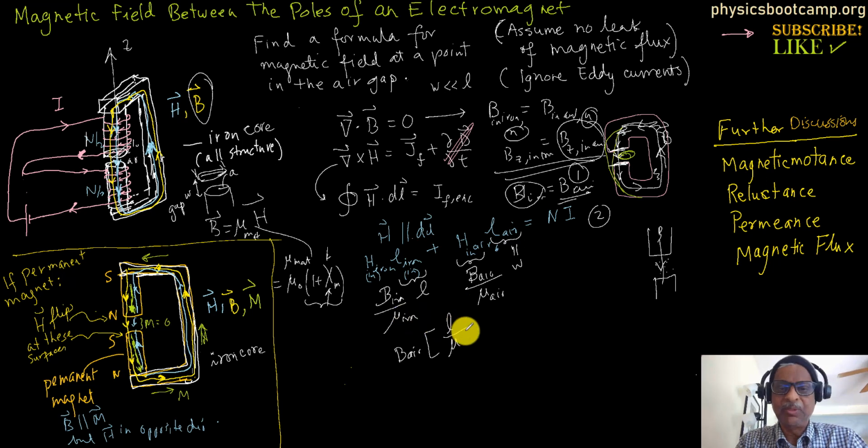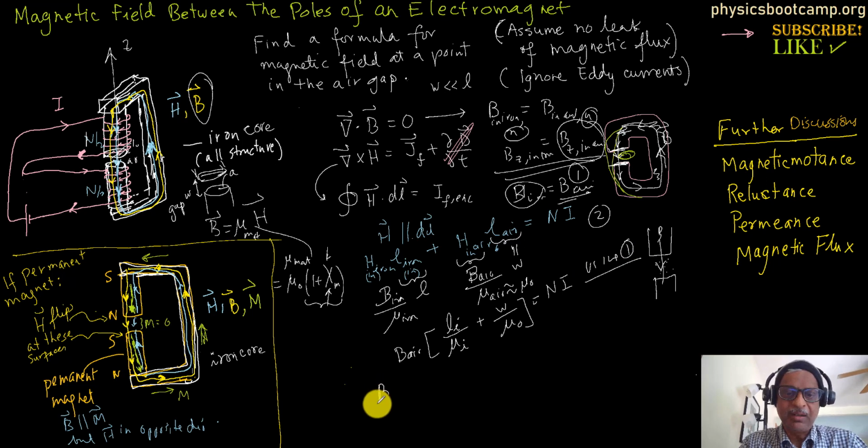Let's call this just mu, mu of the iron, L of the iron, plus W over mu air, which is mu zero, equals Ni. So using 1.